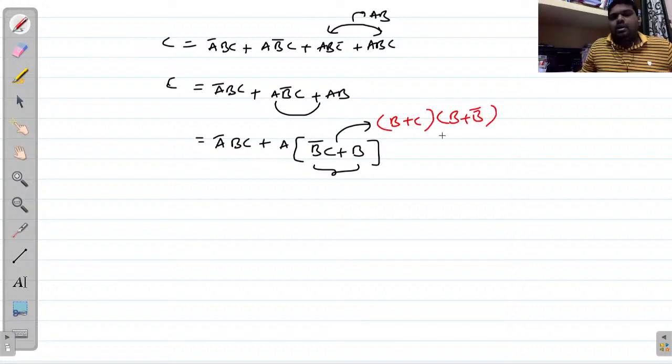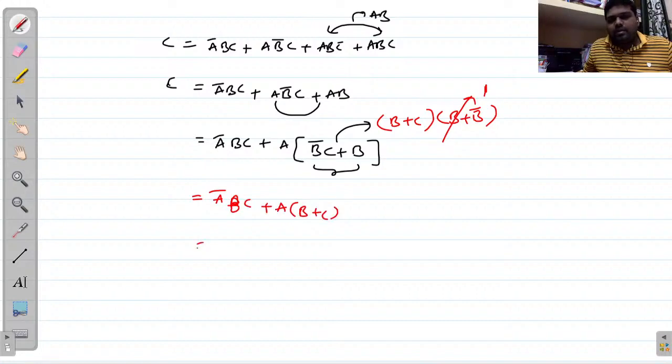This B plus B bar equals 1. So what you will get? B plus C. Now A bar BC plus A into B plus C. If you simplify further, A bar BC plus AB plus AC.